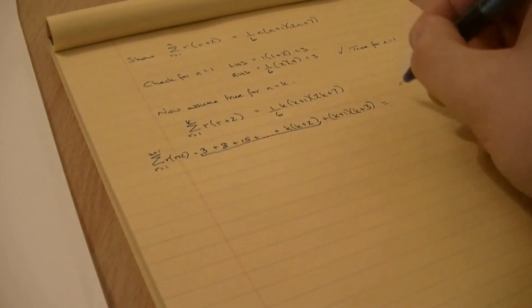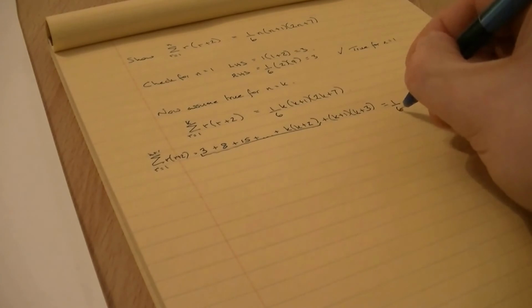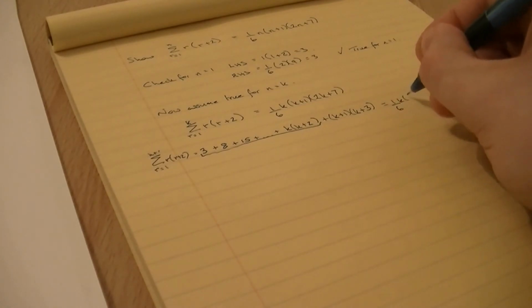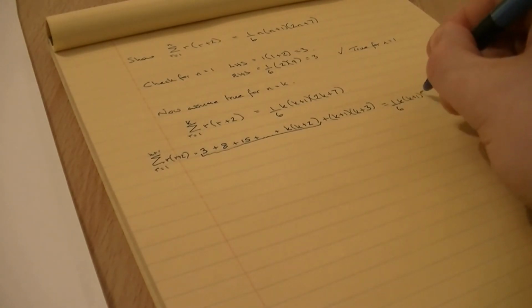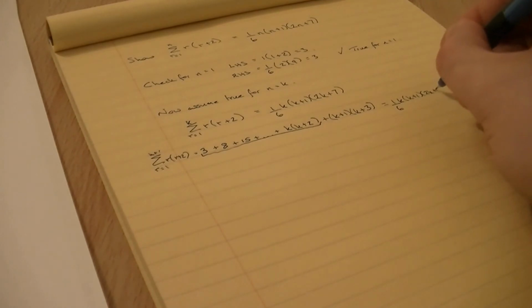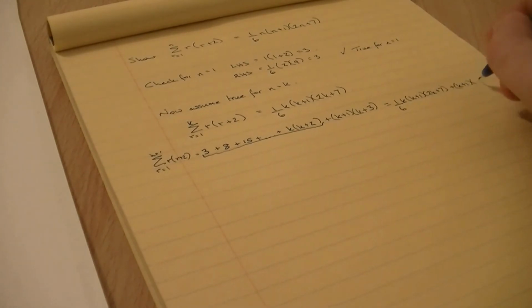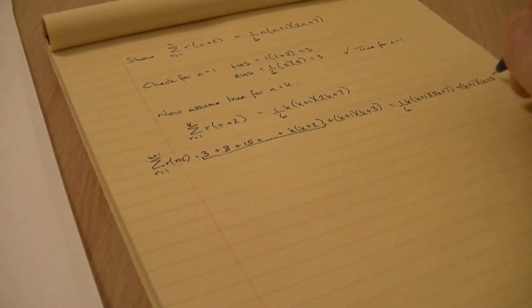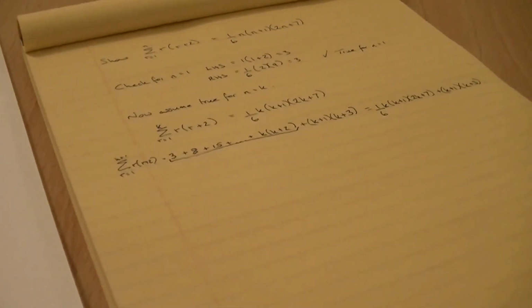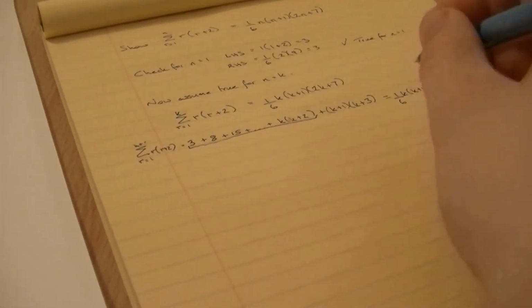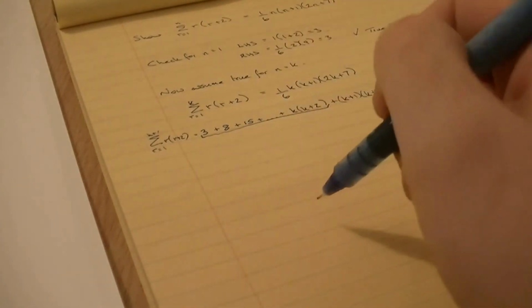So that's going to be equal to 1/6 k, k plus 1, 2k plus 7, plus k plus 1 upon k plus 3. So again, I don't know if I can put it over here, just bring it down here.